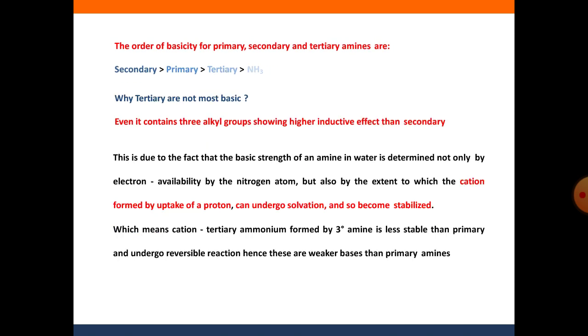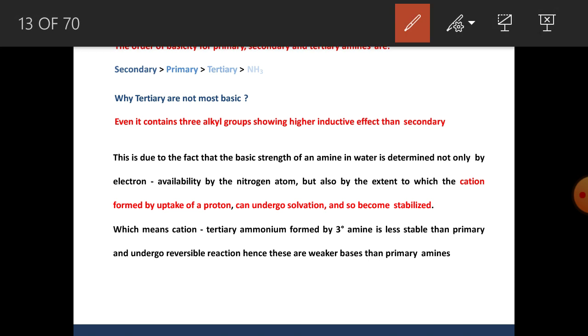So the next question will be: why is tertiary not the most basic? Because it carries three groups, then also why is it not basic? So there is one reason. Basicity does not depend only upon availability of lone pair. It also depends upon solvation effect.